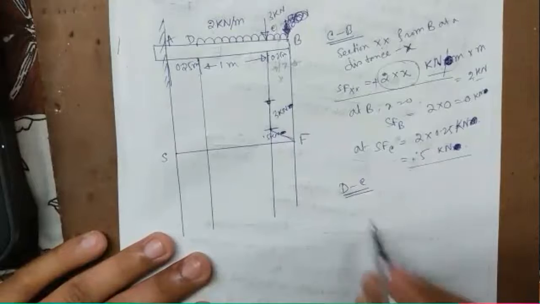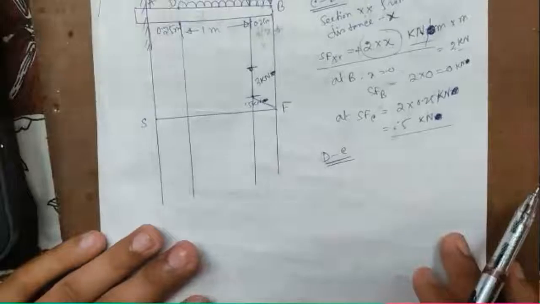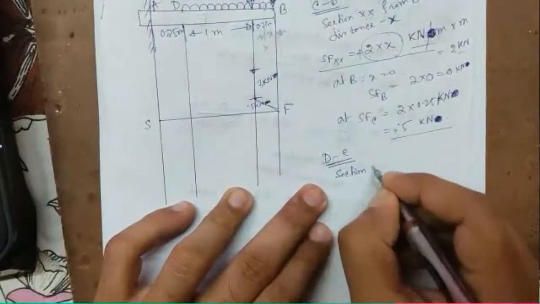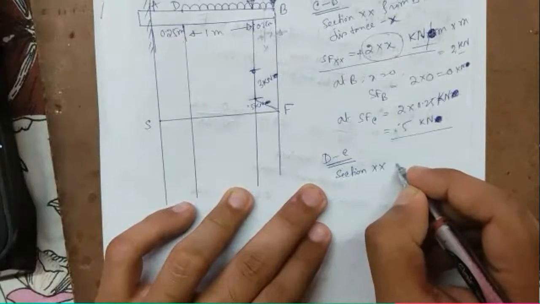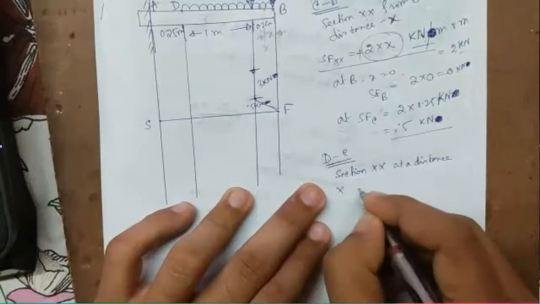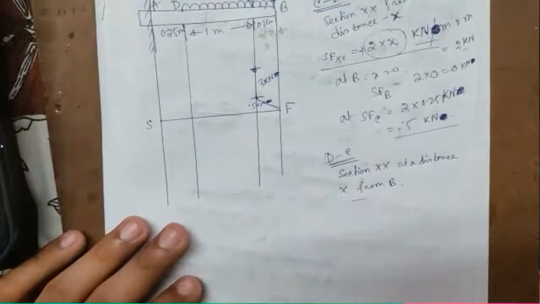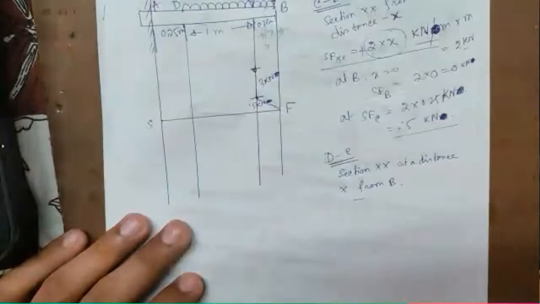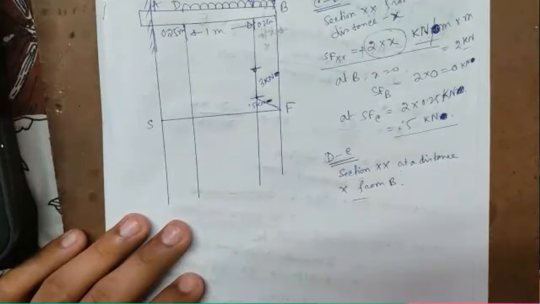Now, if we take this section XX between C and D, we have to imagine in our head that the section XX is now taken at a distance X from B, but between C and D. At any region, you just imagine that the XX section is at a distance of X from B. In such a case, let us see what happens.